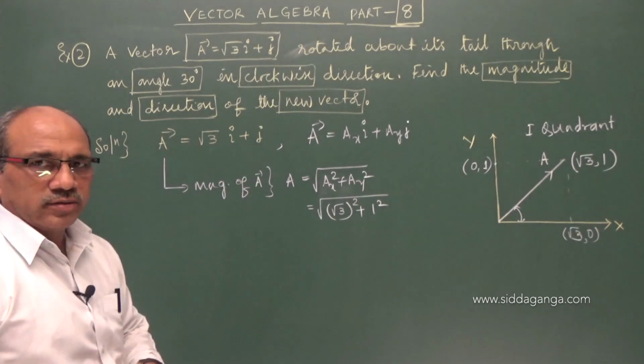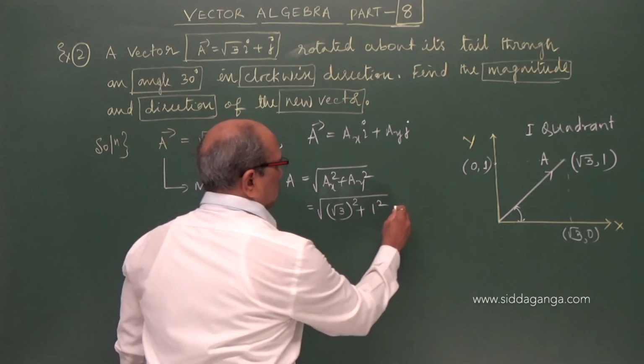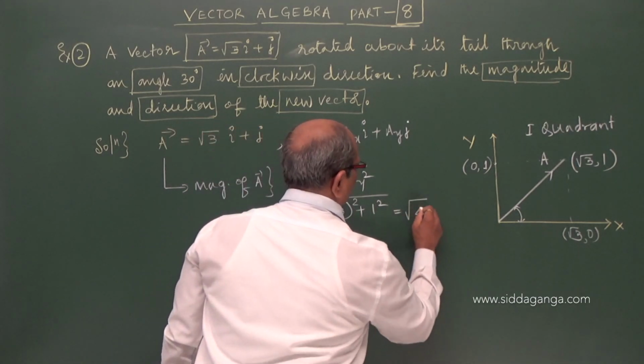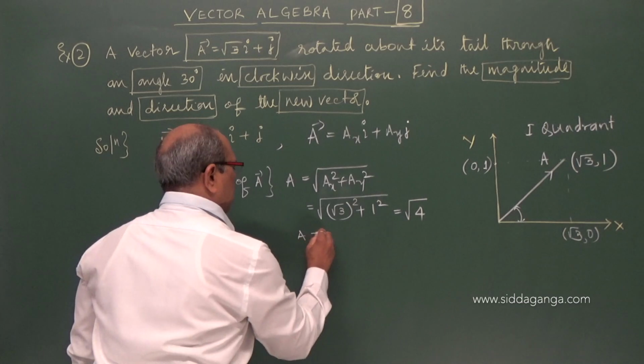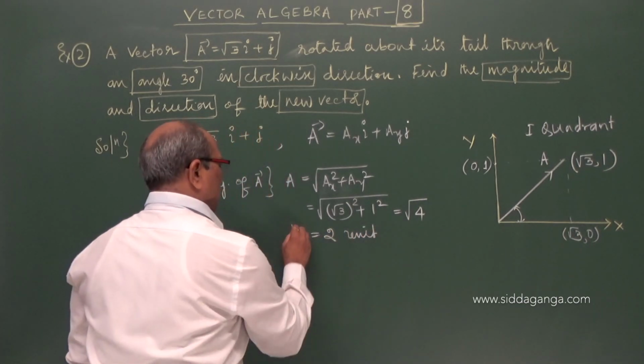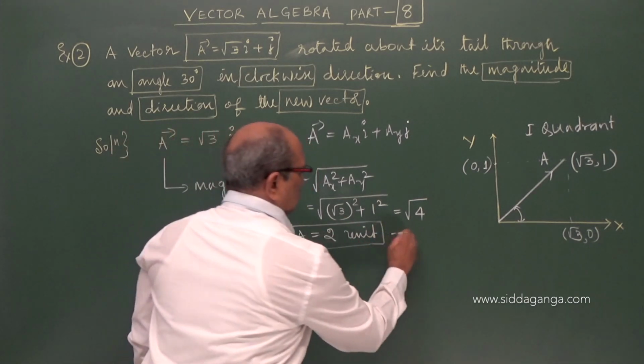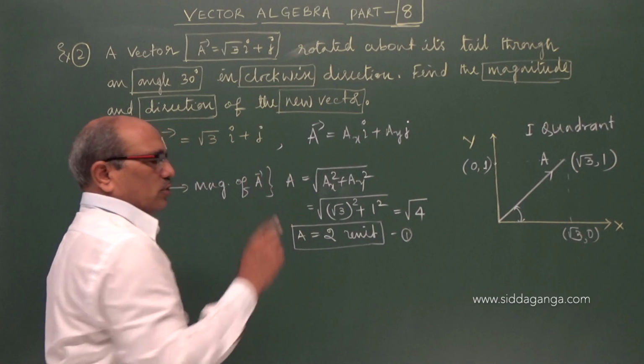That is the square root of 3 plus 1, which is root 4, and hence the magnitude equals 2 units. So one answer, the magnitude of A, is 2 units.